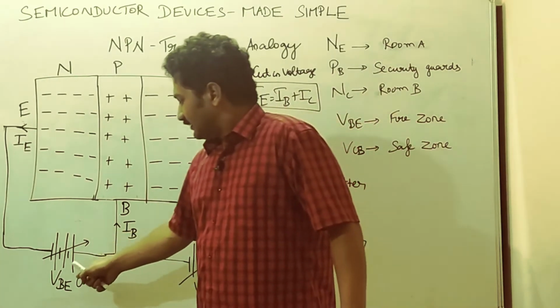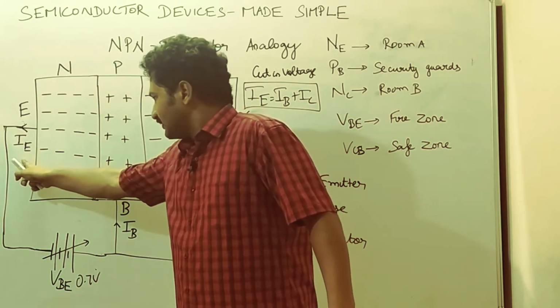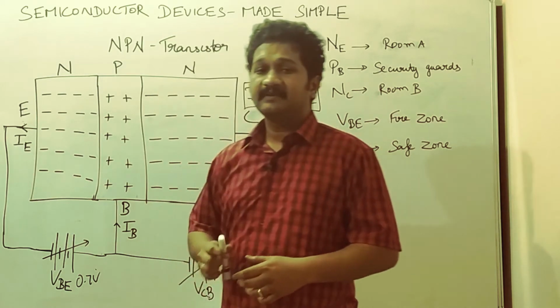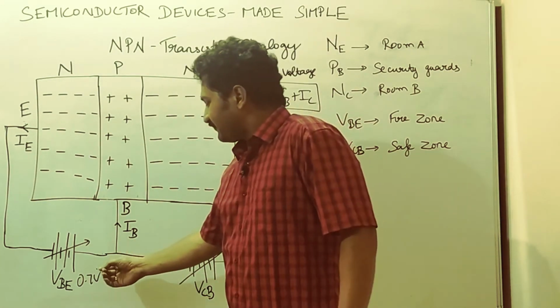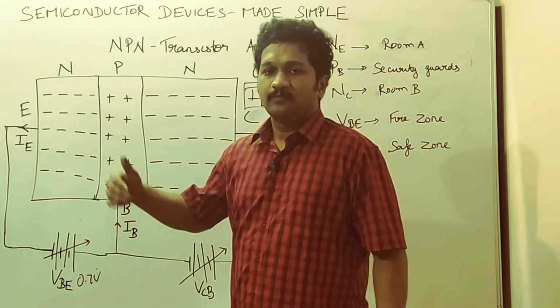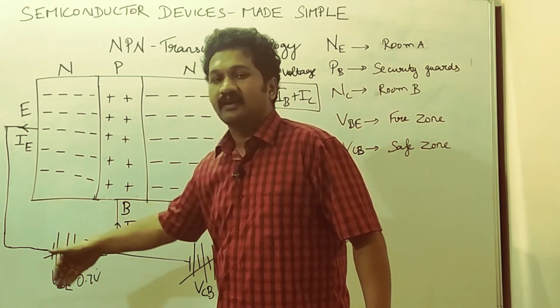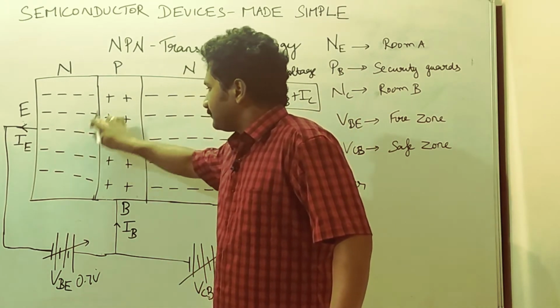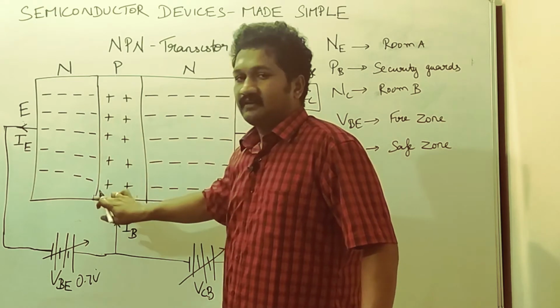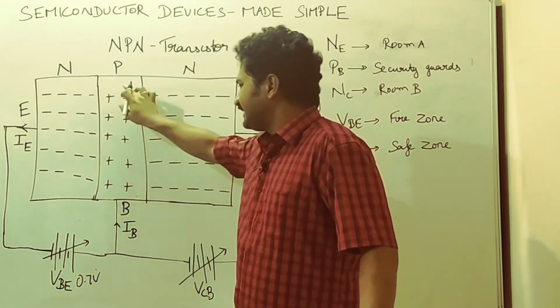VBE is the base-emitter voltage, the voltage applied across base and emitter. Consider this as the fire zone. As the fire, or the voltage, increases more and more, these electrons break the barrier potential and move to the base region.